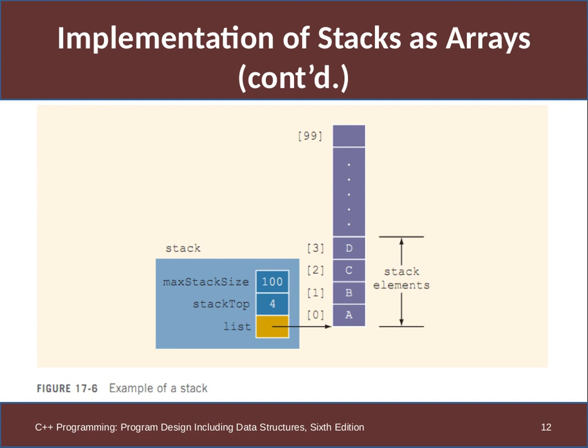Where does it go? On the top, which is slot 4. So it would put the E right here, let me use my mouse pointer for the people at home. And then what else would it do? Yeah, there we go, increment stack top. Anyone see an issue with this implementation?